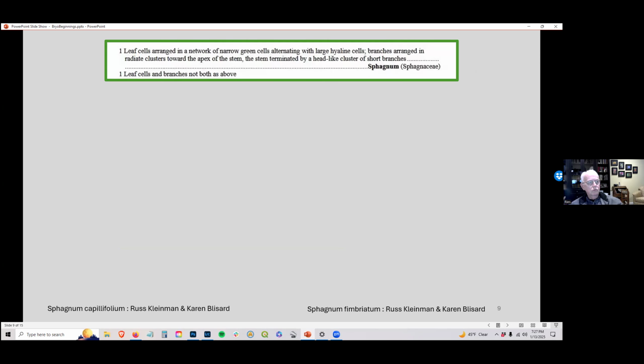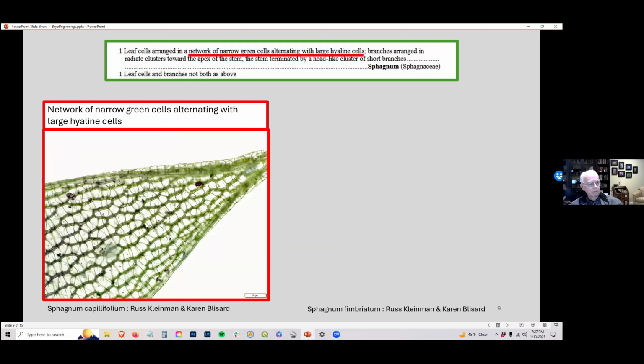Leaf cells arranged, first number one, leaf cells arranged in a network of narrow green cells alternating with large hyaline cells. What does that look like? It looks like that. In the big green book, I think that's blue because it was stained. I made it green because if you haven't stained it, it's going to look green. The big heavy green lines you're seeing here, those are not cell walls.